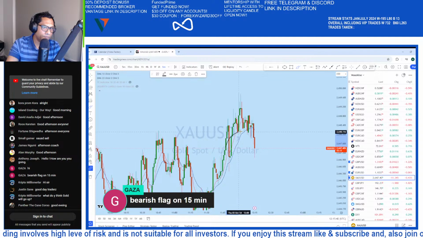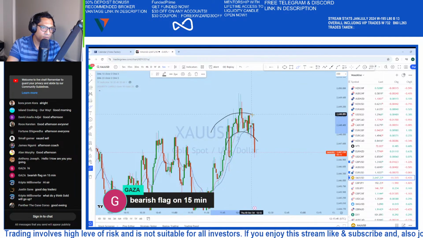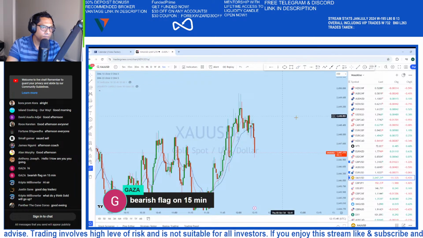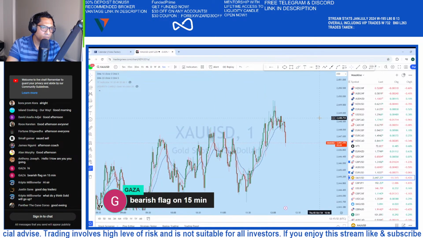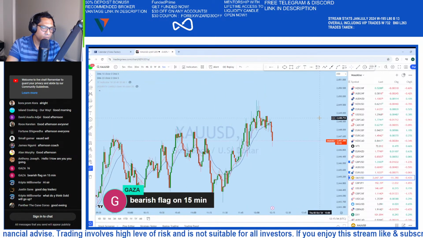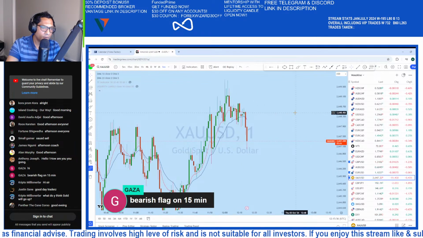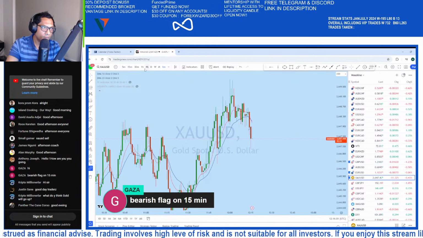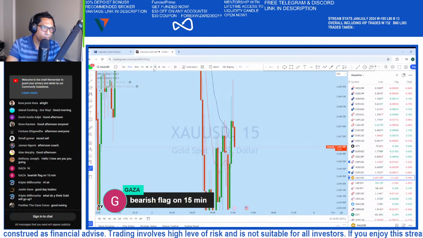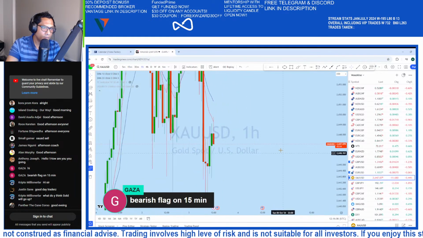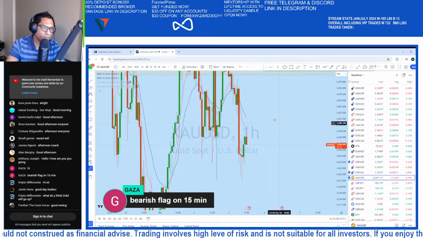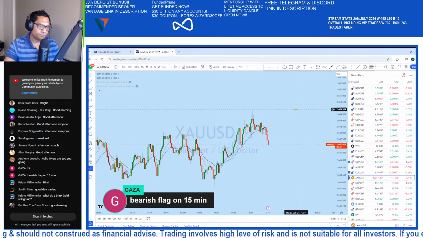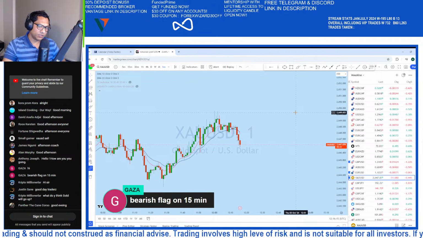We can see there is a structure here. Here, what you can see, lower time frame.